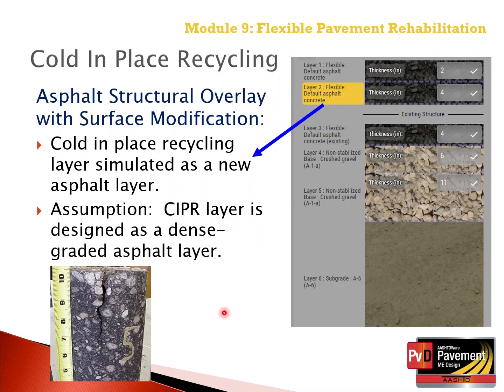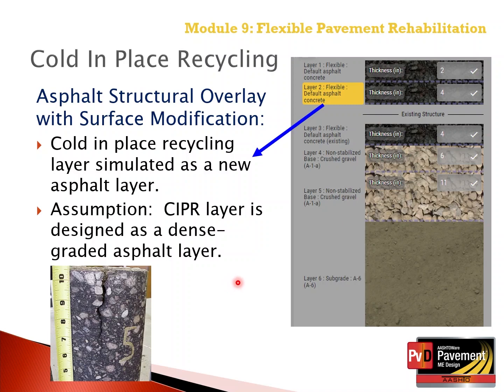Keep in mind, only 4 asphalt layers can be included in the Pavement ME design software, which typically includes 1 or 2 original asphalt layers, a cold in place recycling layer, and a new asphalt layer. That would total 4.